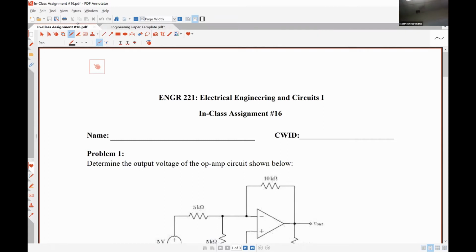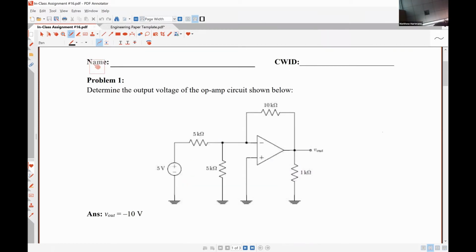If we look at this first circuit, we observed that this 5 kilo ohm resistor, placed between the inverting input terminal and ground for this particular configuration, didn't do anything.